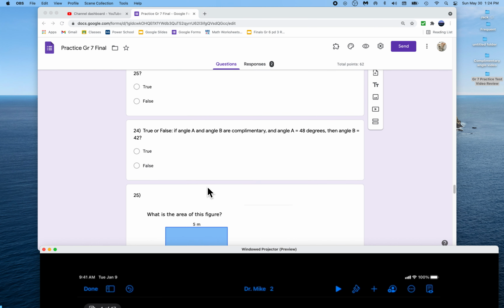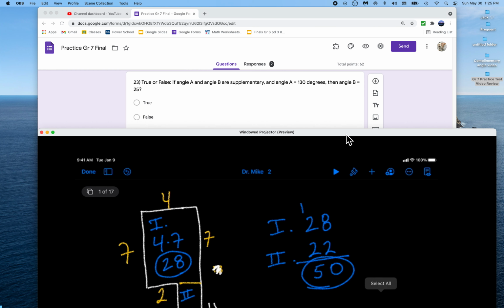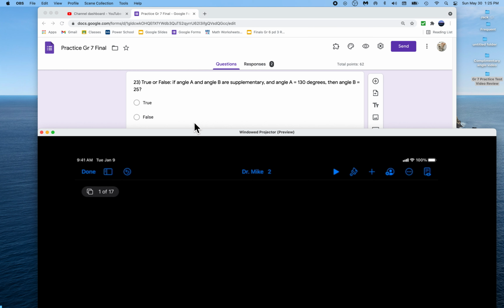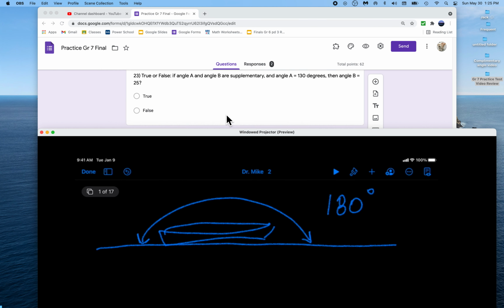Okay, here we go. Number 23, another supplementary angle. Remember, when you see that word supplementary, you think of supper. You think of a plate. A plate is going to sit on a flat table, and that distance is 180 degrees. So whatever they throw at you, 180 degrees is going to be involved.